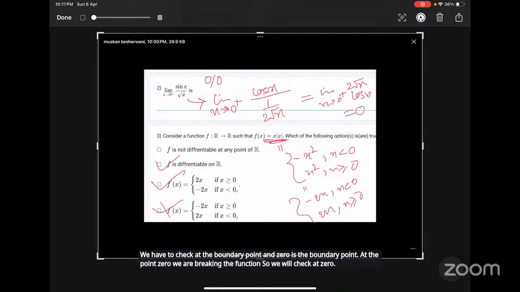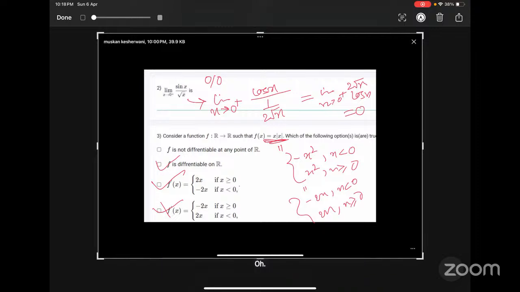If it is differentiable at 0, that means it will be differentiable at any point. So at 0, the left hand derivative and right hand derivative, both are 0, right? That means it is differentiable, and the derivative function we can calculate using the formulas. Okay?